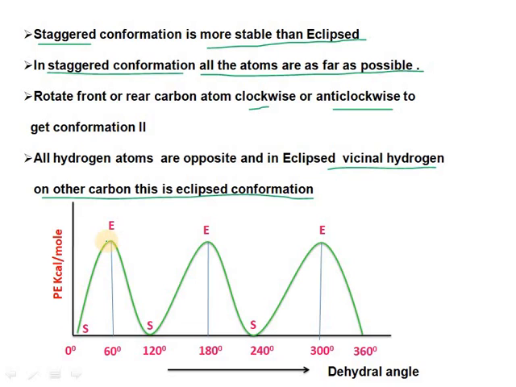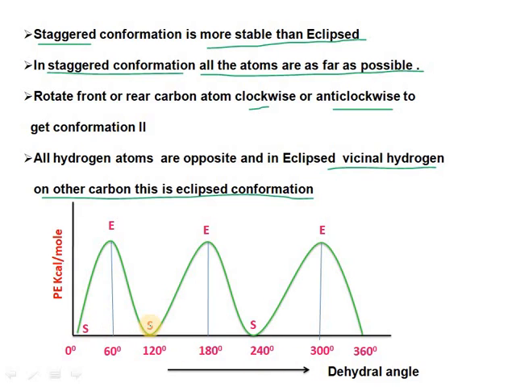Staggered is converted to eclipsed, eclipsed is converted to staggered, and so on. So the molecule rotates from 0 degrees, then 60 degrees, 60 to 120, 120 to 180, 180 to 240, and in this way we get the various conformations: staggered, eclipsed, staggered, eclipsed. We see the staggered conformation in these energy level diagrams.